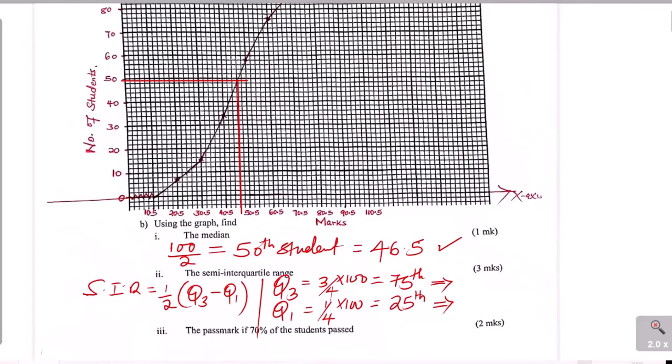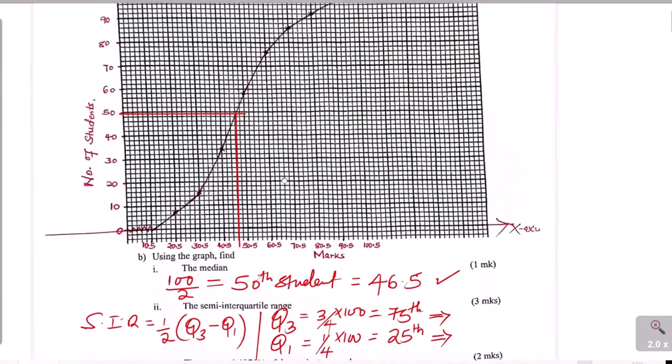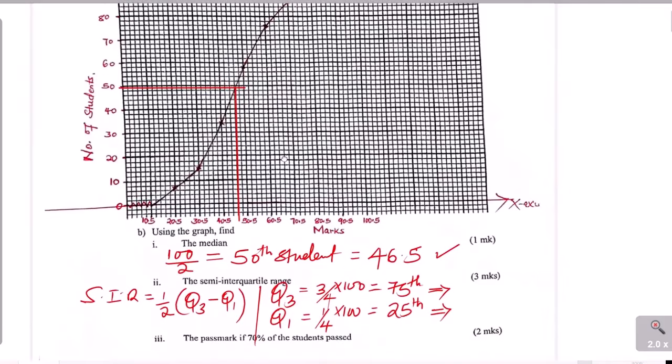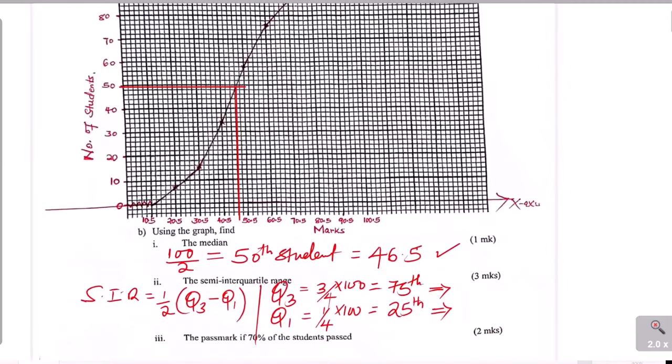So to get Q3, go to the 75th student from the graph. So draw a straight line. 75 is exactly between 70 and 80, so I need to be very keen here.